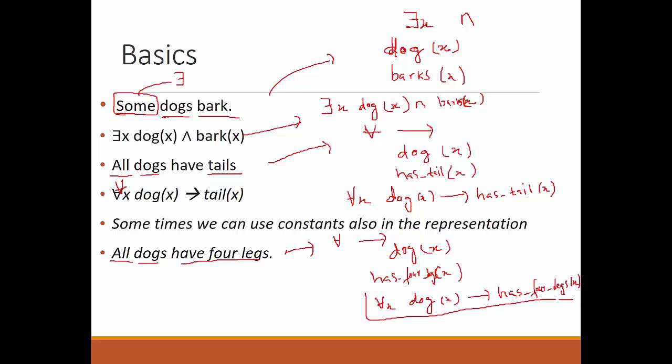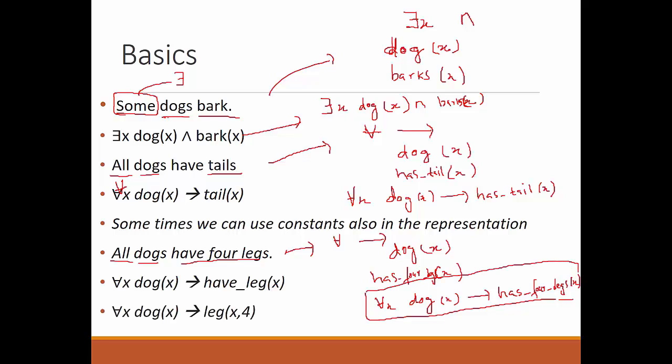But sometimes we can have another representation. Instead we can have constant inside this. We can represent 4 legs with the help of a constant. That's how we can do this. So here in this example we find a difference over here. So this statement has 4 legs can be replaced with another representation where X has 4 legs can be represented like this.